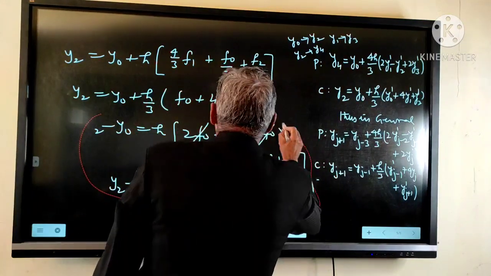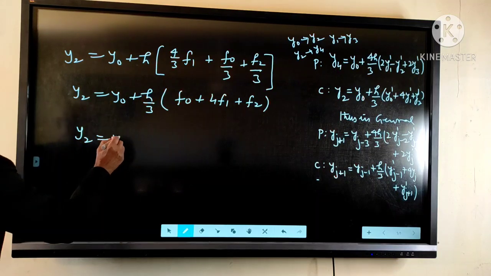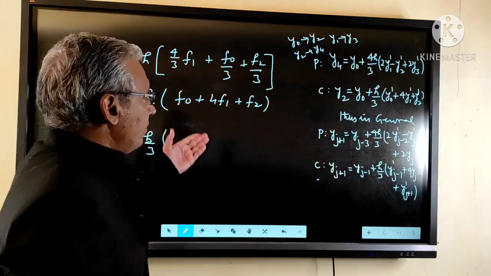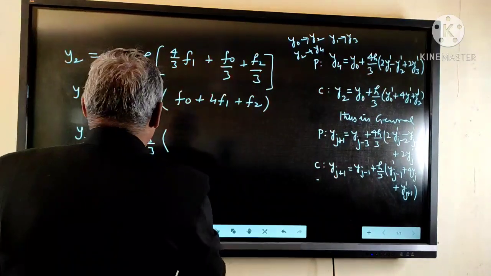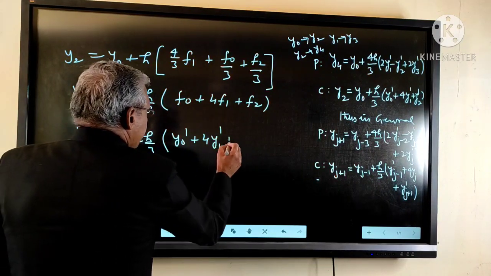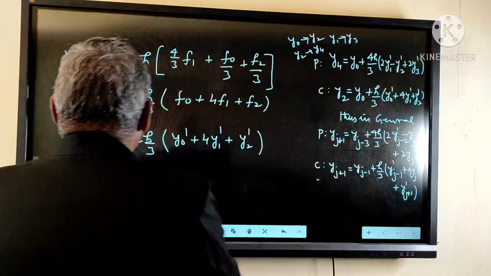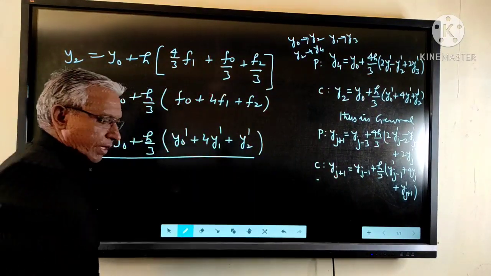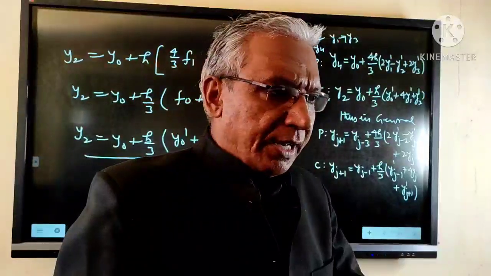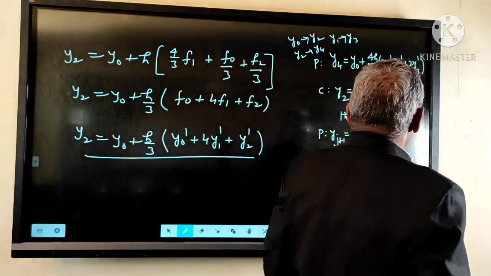This can be written as y2 equals y0 plus h by 3, here f0 can be written as y0 dash plus 4 y1 dash plus y2 dash, which is known as the Milne's corrector formula. This formula corrects the value of y4 which is predicted by this formula.